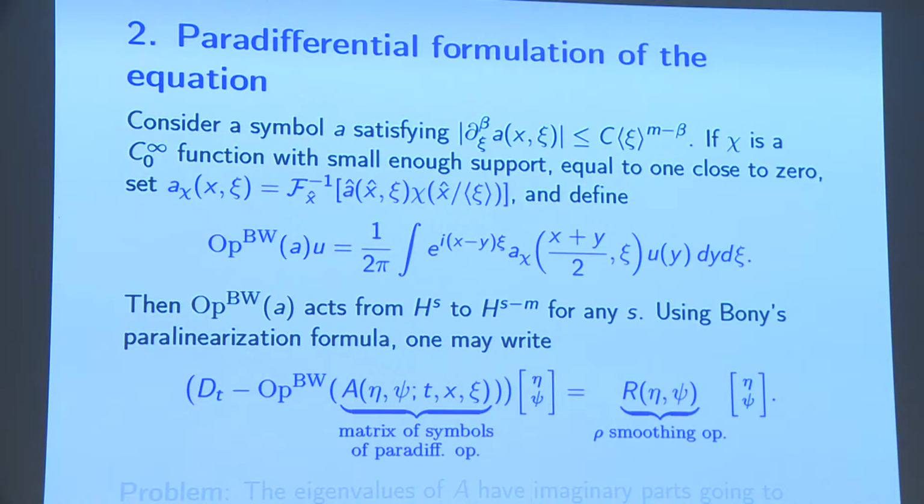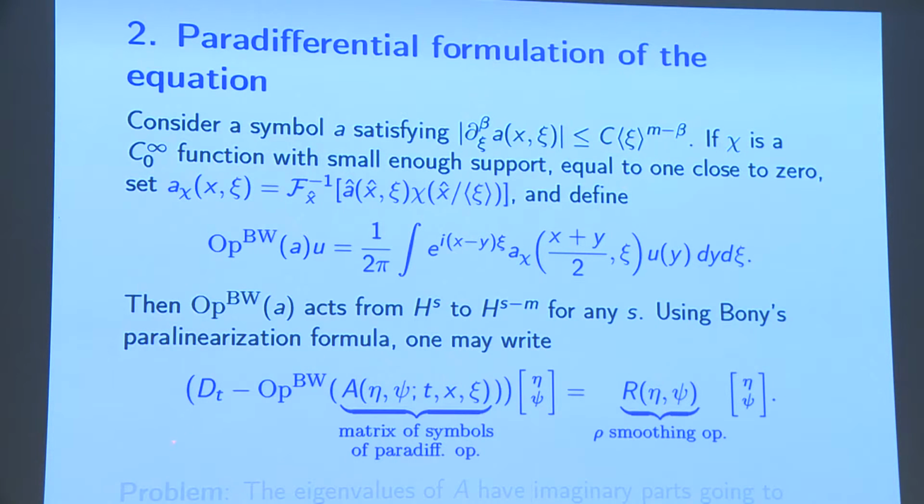And then, using the celebrated Bony's paralinearization formula, you may rewrite the equation we started from as a paradifferential equation. That is, you may write the initial equation under the following form.